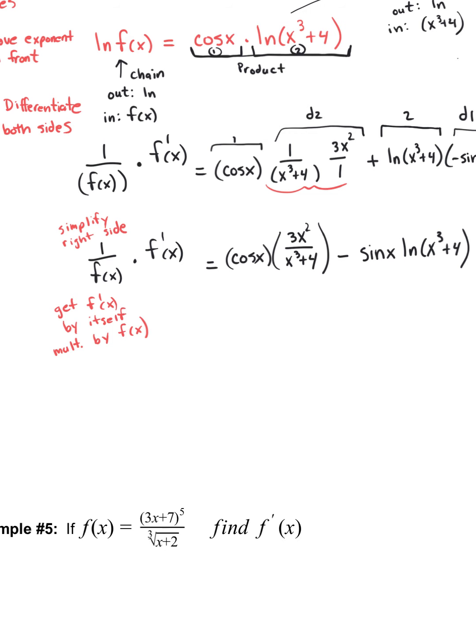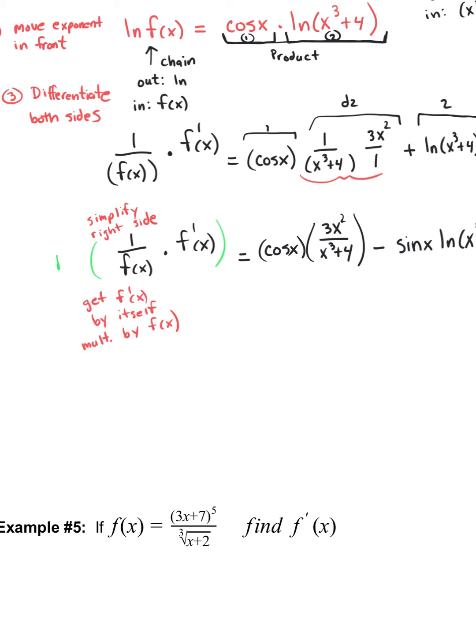I'm just going to show you what I'm doing in green. I'm multiplying this whole side by f of x. And I'm just going to put it over 1 because then you can see that those do cancel out. All right, so on the left-hand side, f prime of x is left, and that was our goal, to get that by itself.